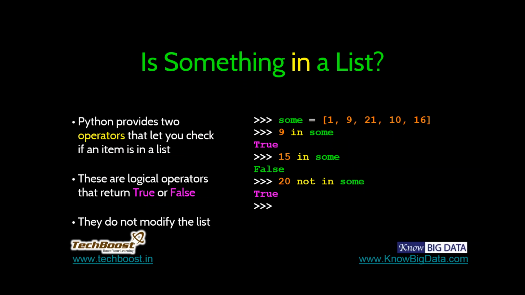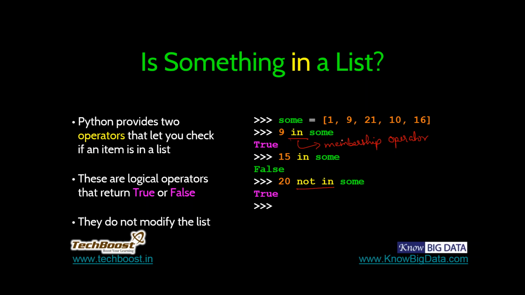Okay, this is the way to check for membership. Do you remember what is in and not in over here? These are membership operators. They check whether the item is in or not in.